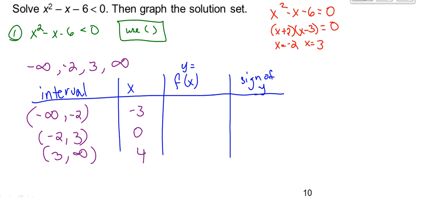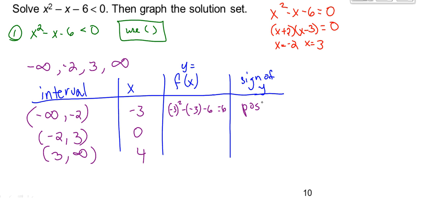I'm going to show this, maybe I'll call it the long way. I'll first put these values into the original f of x rule that's right there. I didn't pick super big numbers, so I think I can handle that in my head. Negative 3 squared minus negative 3 minus 6 is 9 plus 3 minus 6, so that's 12 minus 6, which equals 6, and so that is positive.